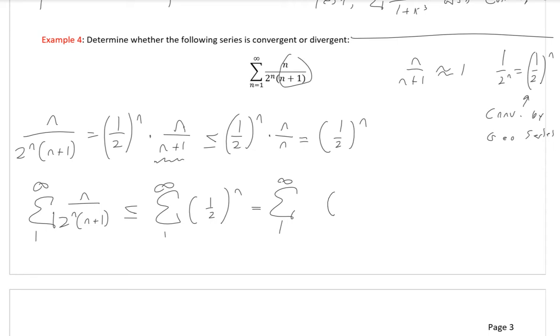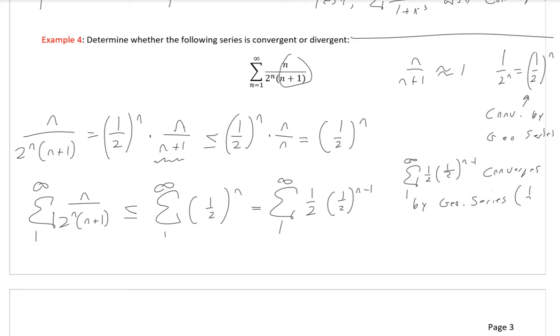It's supposed to be 1/2 to the n minus 1 power. And so if I want n minus 1, I just need to take one of those 1/2s out. So we have 1/2 times 1/2 to the n minus 1. But that still converges by geometric series. So we'll say that the sum from 1 to infinity of 1/2 times 1/2 to the n minus 1 converges by the geometric series.